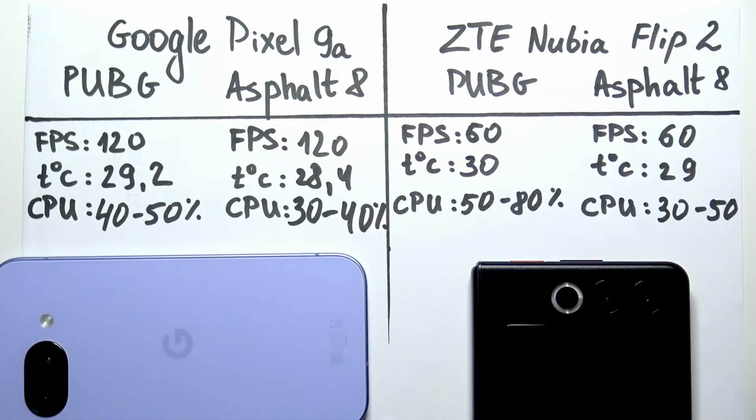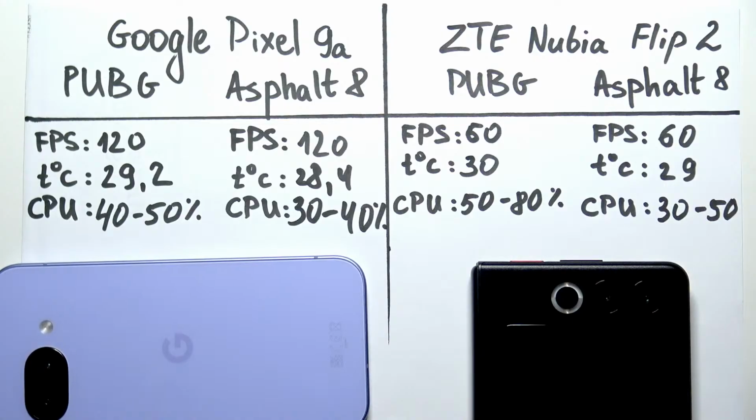In case of ZTE Nubia Flip 2, PUBG Mobile was 60 FPS, battery temperature 30, CPU load between 50 and 80%. Asphalt 8, FPS 60, battery temperature 29, and CPU usage between 30 and 50.